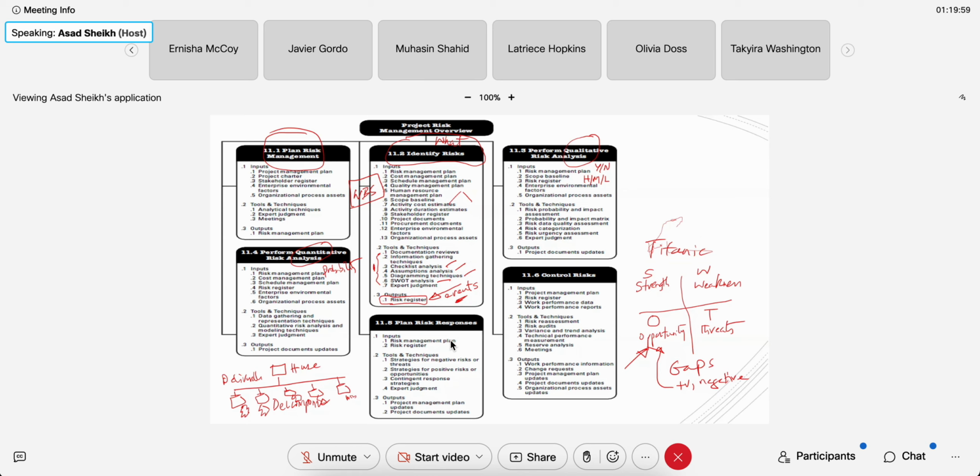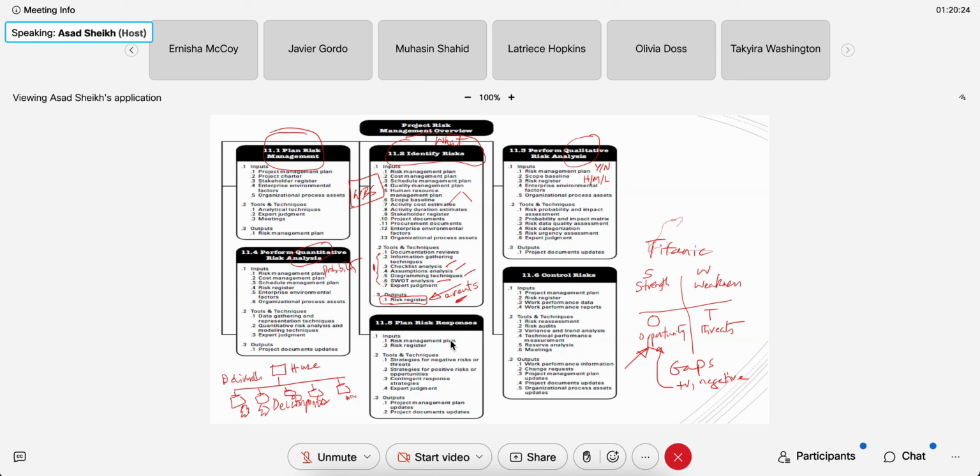Obviously, quantitative analysis is more expensive to do because you've got to find data, Google or pull up some research paper, or do some experiments to get the data. So quantitative analysis is expensive to do. Qualitative analysis is easier to do. And usually in projects, we hardly ever do quantitative analysis, hardly ever.